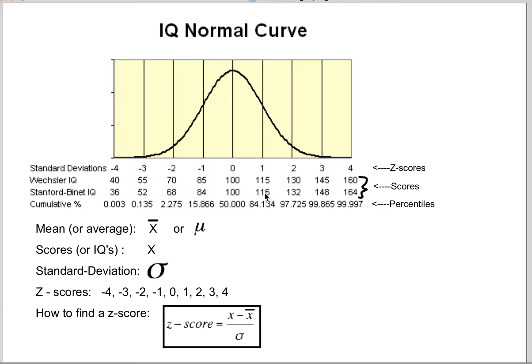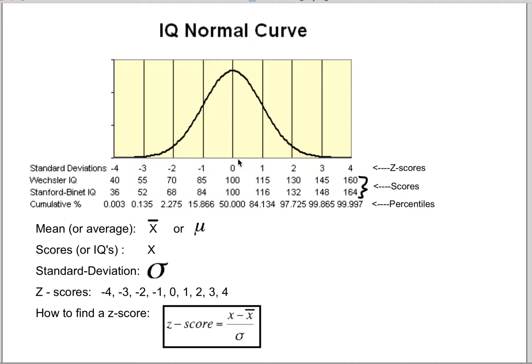The Stanford-Binet uses 16. We'll zero in on this line here. If I do 2 standard deviations, I get 2 times 15, or 30, added to 100 is 130. And 100 plus 3 times 15 gives me 3 standard deviations. So if you have an IQ of 140, you're way up here.